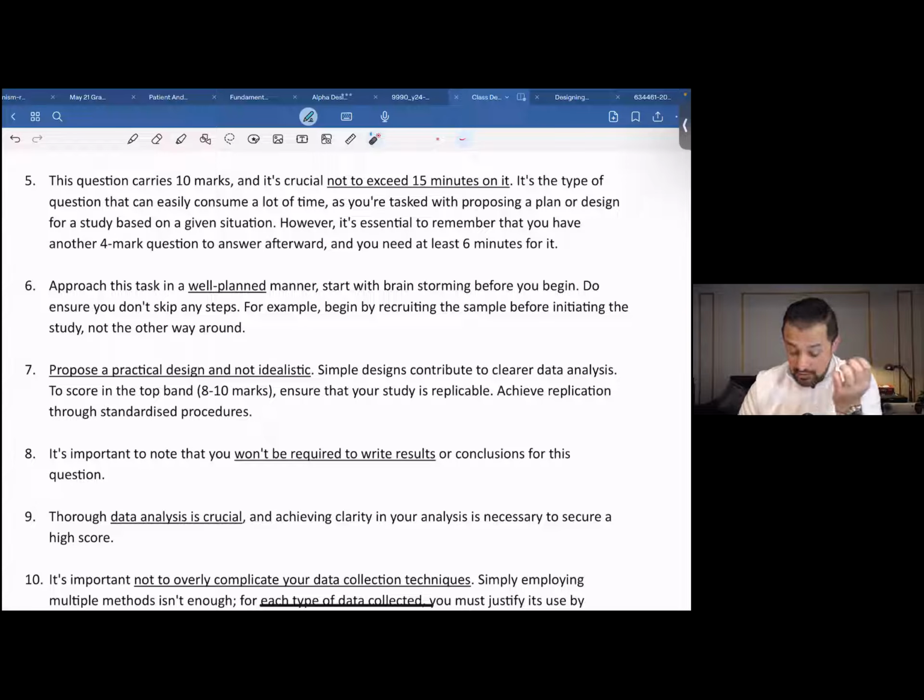Let me explain this to you through an example. Let's just say you feel like you have written a 6 on 10 mark answer, and you're trying your level best to write something more so that you could have an additional 2 marks. That might end up helping you score an 8 on 10.